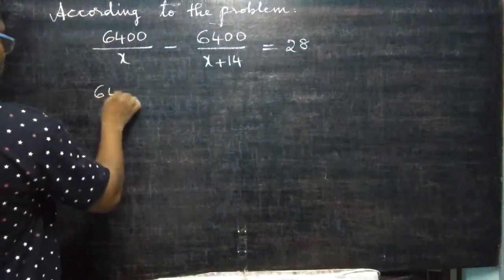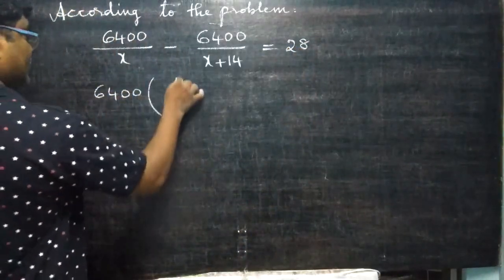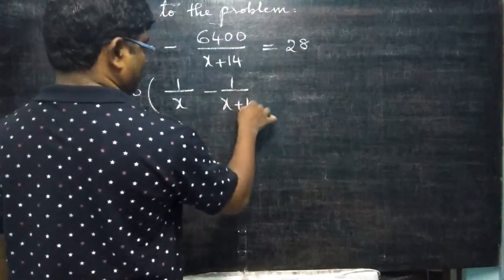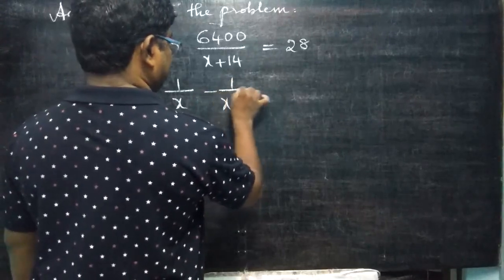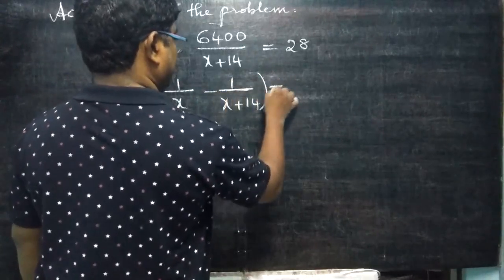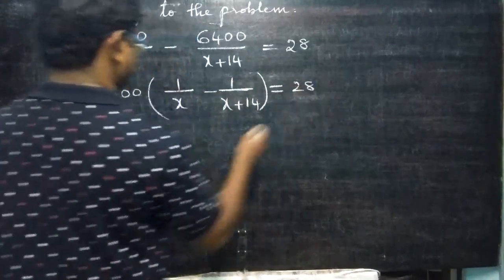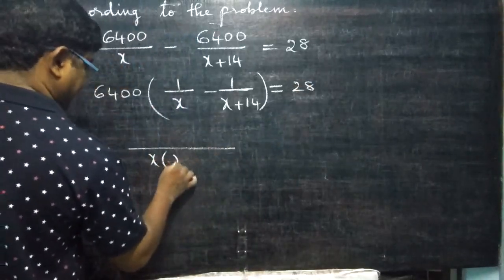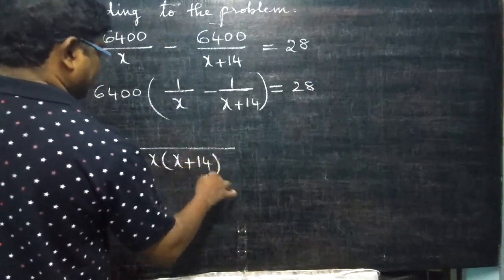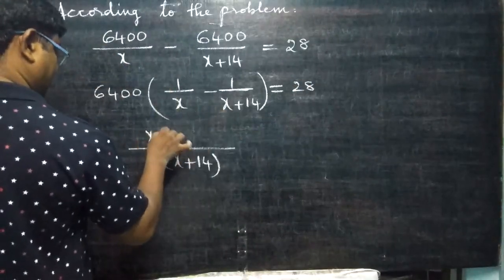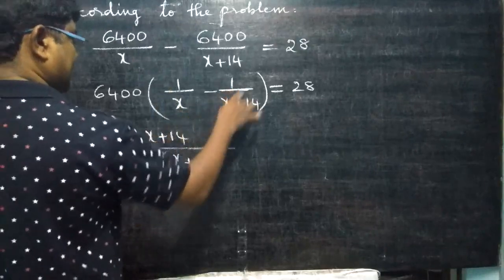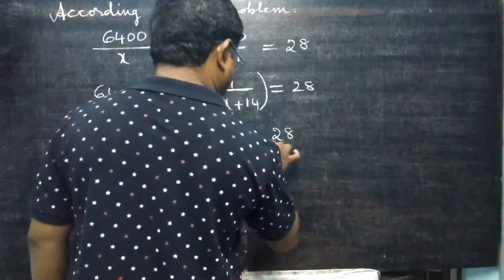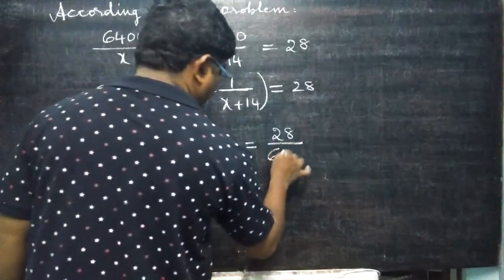Now take 6,400 common. 1 by x minus 1 by x plus 14 is equal to 28 by 6,400. Now take LCM, x into x plus 14. Here x plus 14 minus x is equal to 28 by 6,400.